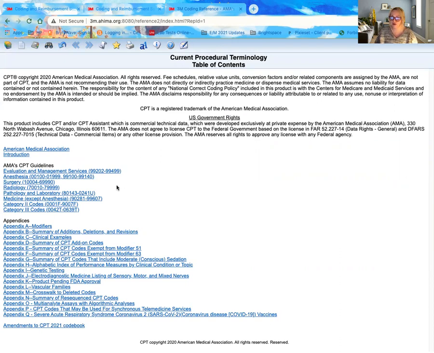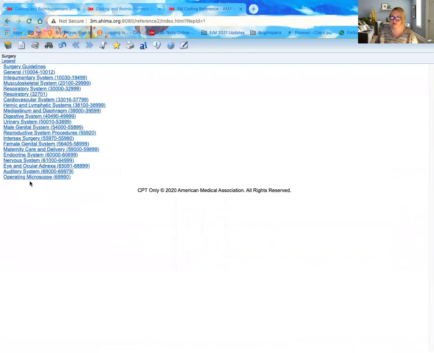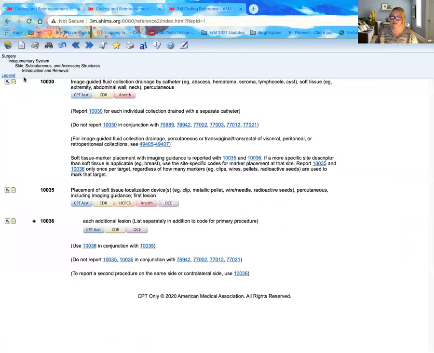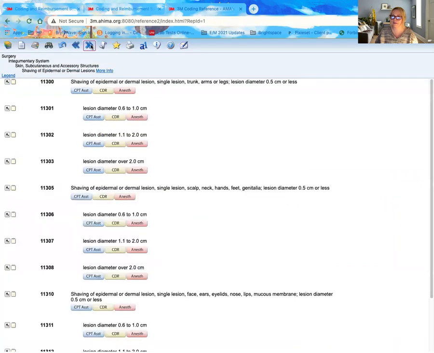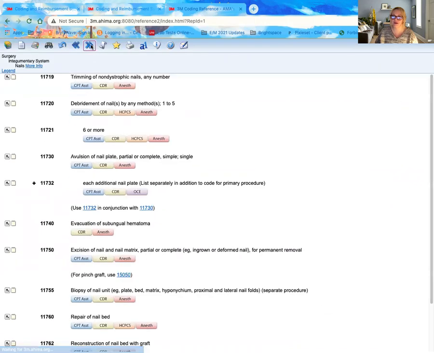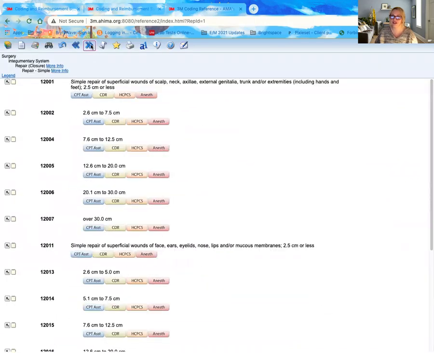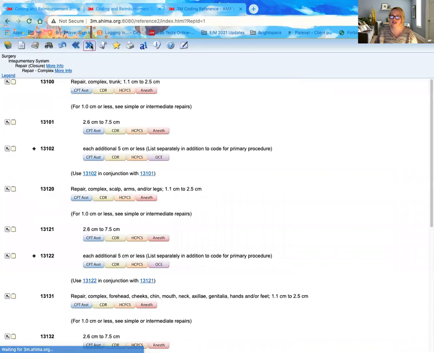I can go directly into surgery here, integumentary system, and then sadly, I have to skip until I get to the breast section, which means I'm going through the entire surgical integumentary section.